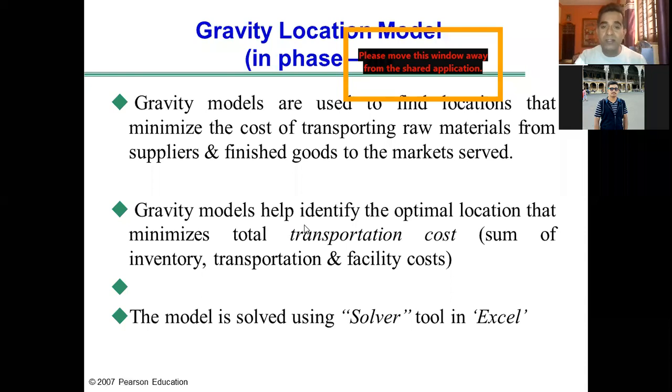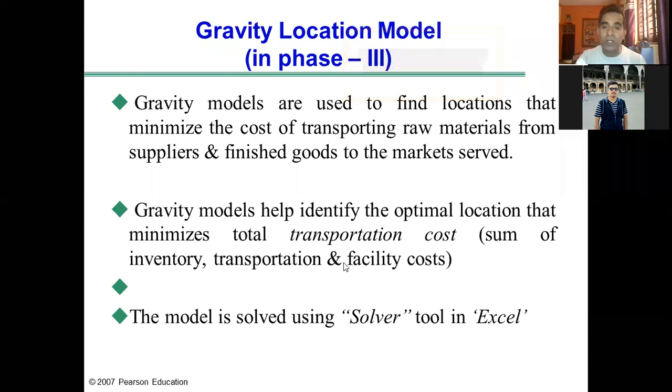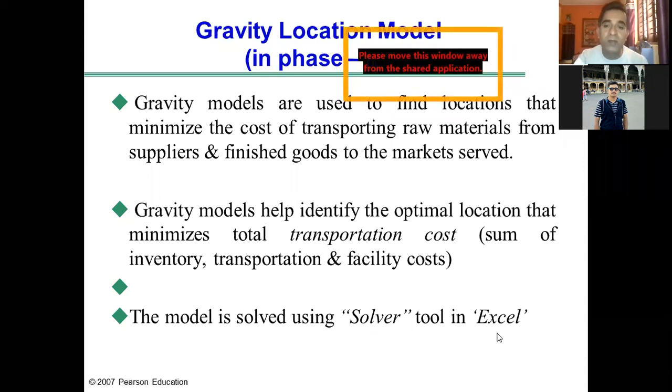So gravity models help identify the optimal location that minimizes total cost, the sum of inventory cost, transportation cost, and facility cost. Again, the model is solved using the Solver tool in Excel. You need to feed certain data, the way we did in the network optimization model, and Solver will make a decision with the input provided. But we are not going to consider the illustration for the gravity model here.